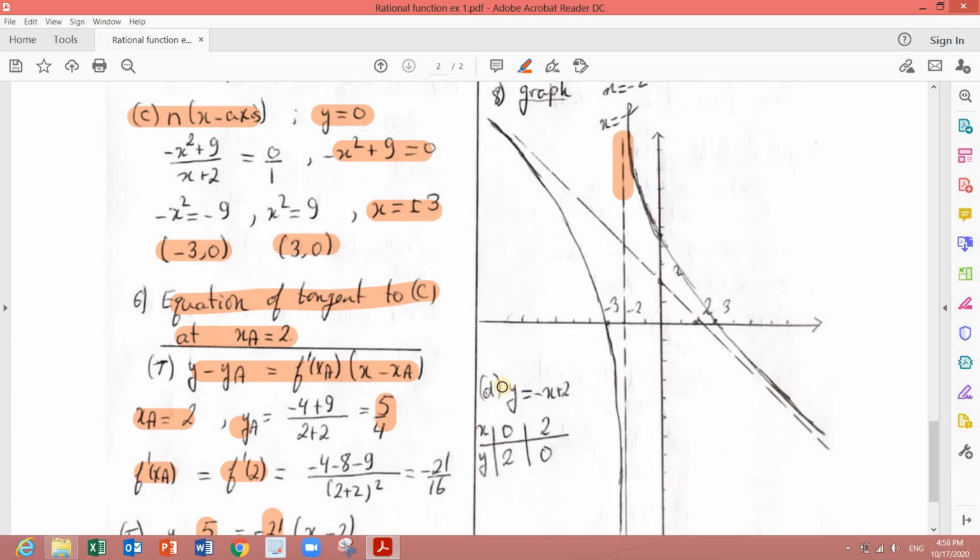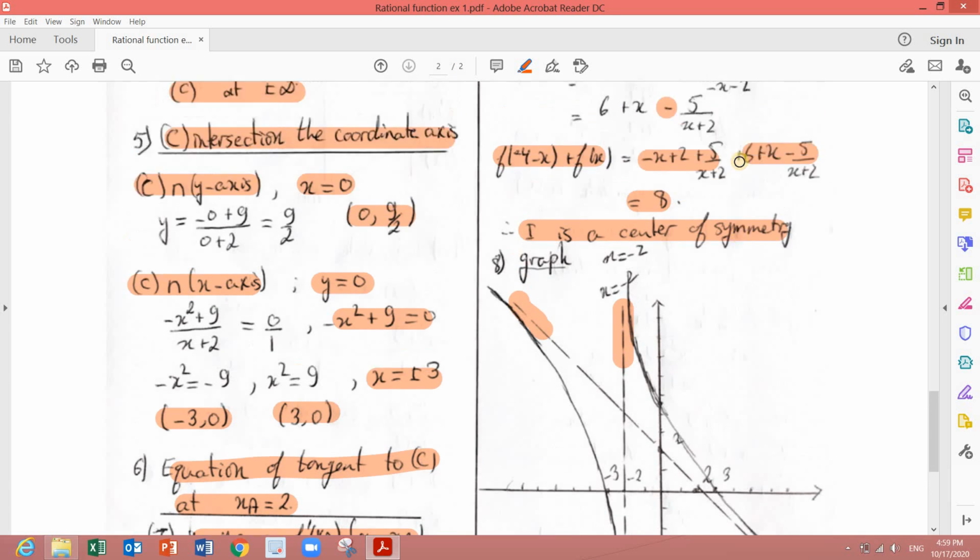To draw the oblique asymptote, which is y equals minus x plus 2, since it is an oblique line, we need at least 2 particular points. So I take 2 points: for x equals 0, y equals 2, and for x equals 2, y equals 0, and we draw this oblique asymptote. So we have drawn the asymptotes, vertical and oblique.